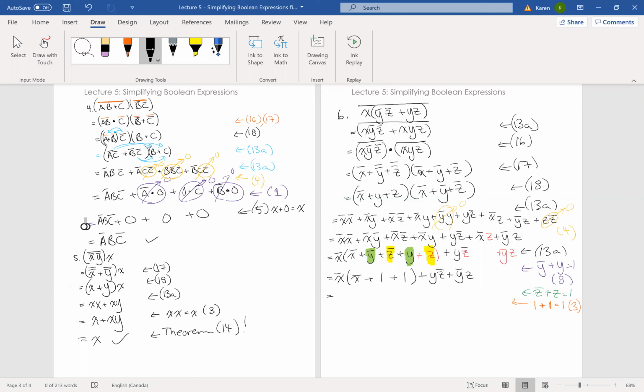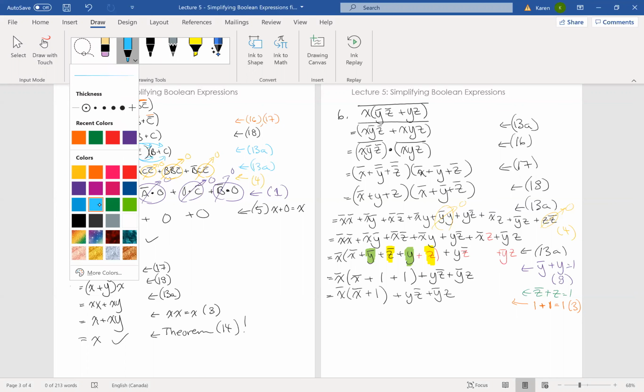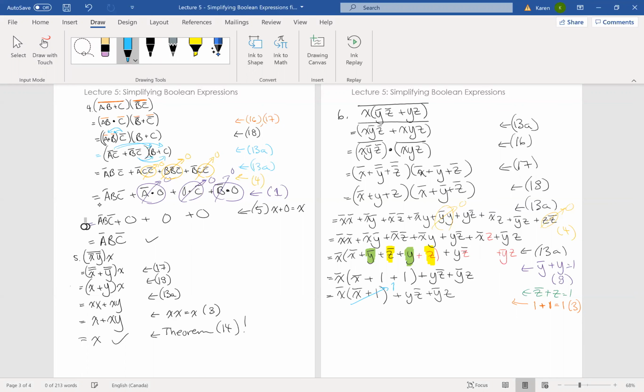So then we would get x bar times x bar just simply plus 1, plus the rest of the expression. And anything ORed with a 1, the answer is 1. And that is theorem number 6.